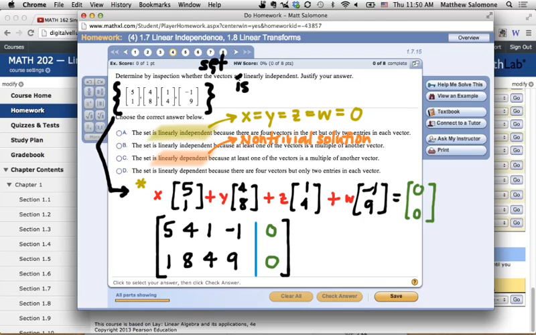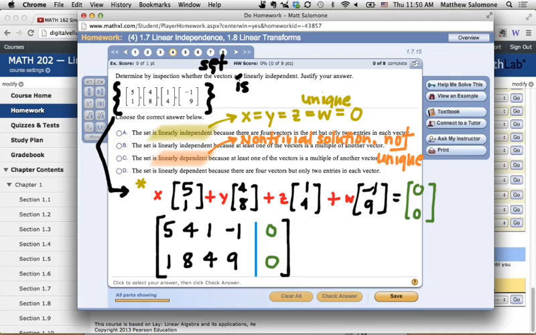So there's our augmented matrix that we could then solve, right? We could find a solution set for it that will tell us what x, y, z, and w are. We don't care exactly what that solution is. We just want to know whether that solution is unique or not. Because if the solution is unique, then only the trivial solution works. But if the solution is not unique, it means that there are some non-trivial solutions.